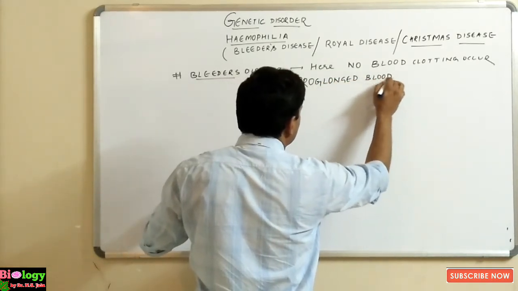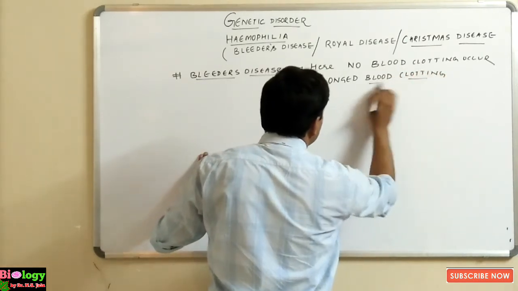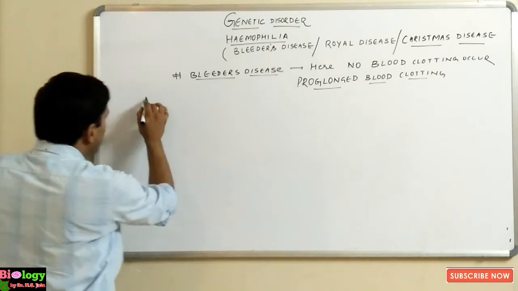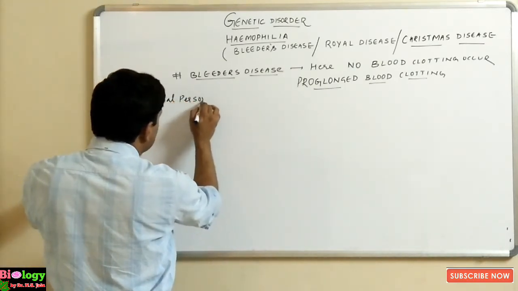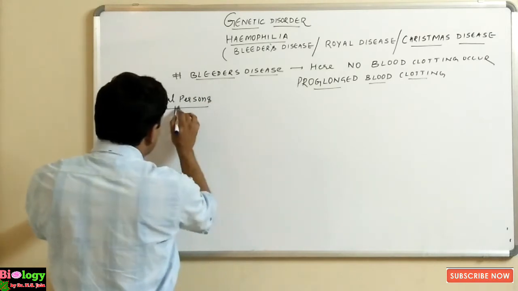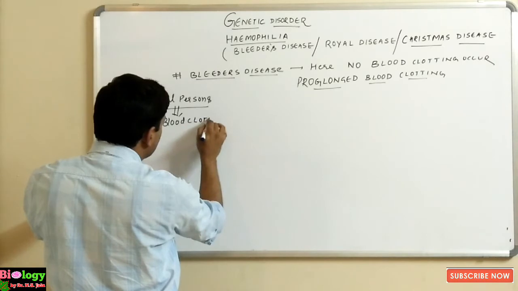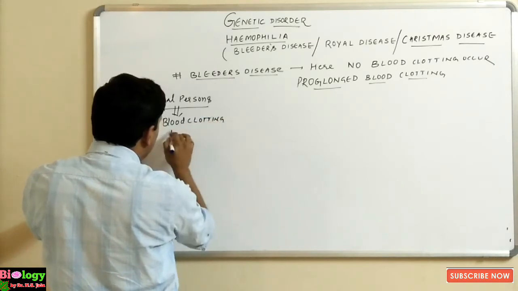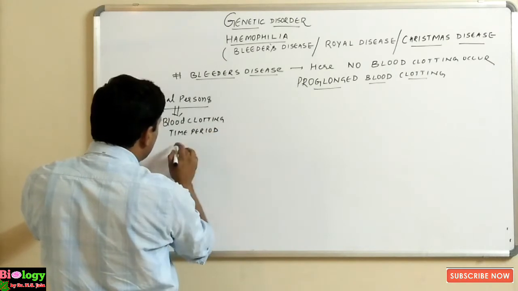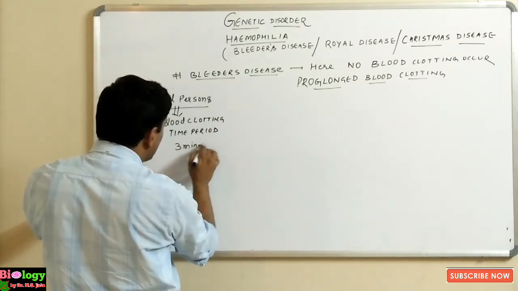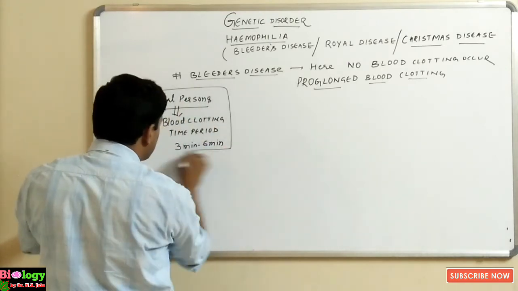Basically, you must know that in normal persons, the blood clotting time period is between 3 minutes to 6 minutes. I am talking about normal persons.